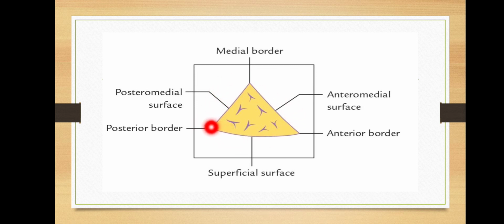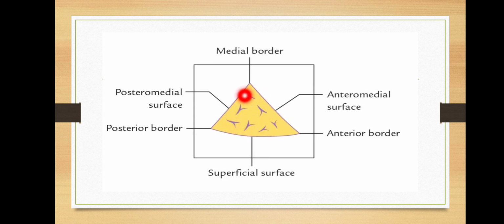The external features of the parotid gland are: it has an apex and four surfaces. What are the surfaces? Superficial surface, anteromedial surface, posteromedial surface, and along with these we have the superior surface also.